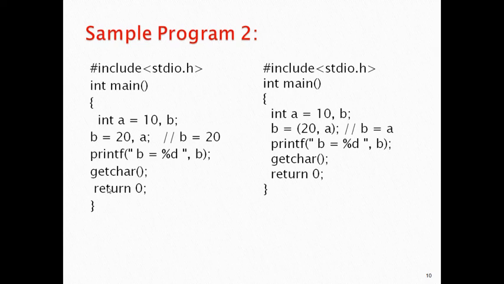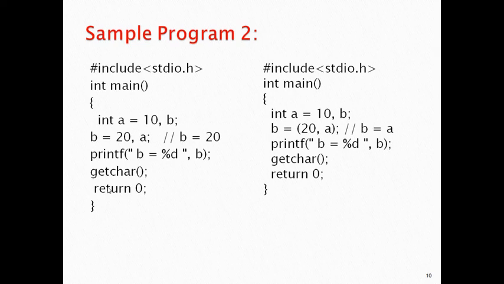If you observe the right side program, #include <stdio.h>, main function, int a is declared and assigned 10, the b variable is declared, b is equal to within the parentheses. Here the difference is there. If you compare the left side and right side programs, b equals to within the parentheses 20 comma a.